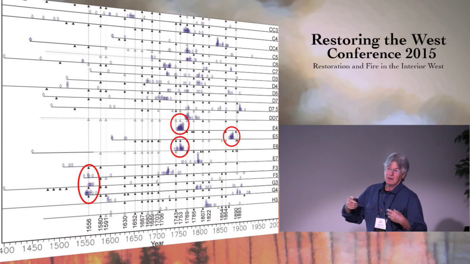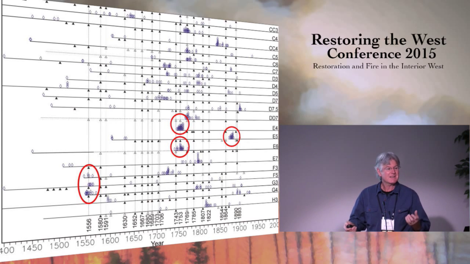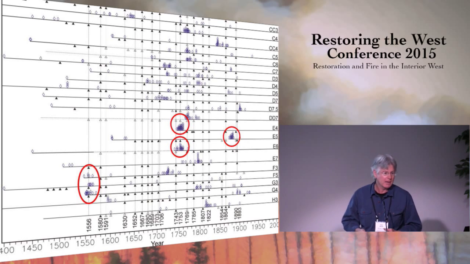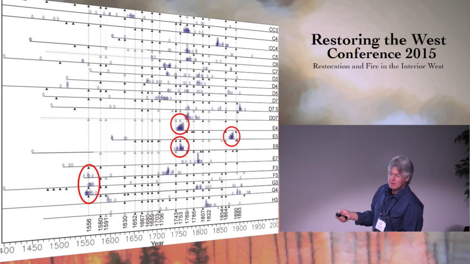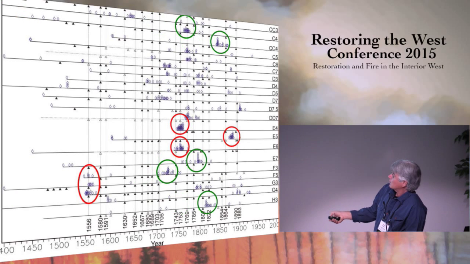Some of you probably know I cannot stand the term mixed severity fire because there's no scale associated with it. So we've had people say, well, there was mixed severity fire in the past, there's mixed severity fire today. What's the problem? Well, the scale of the amount of crown mortality is the issue. So we have other pulses, of course, where there's plenty of trees in this plot and a whole bunch that came in at that point.